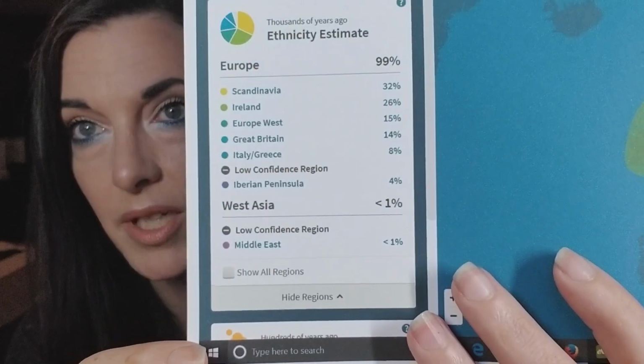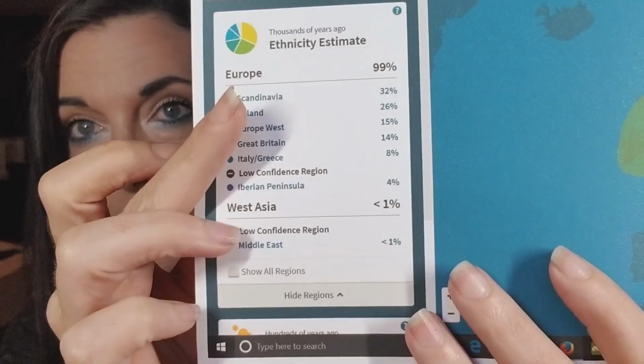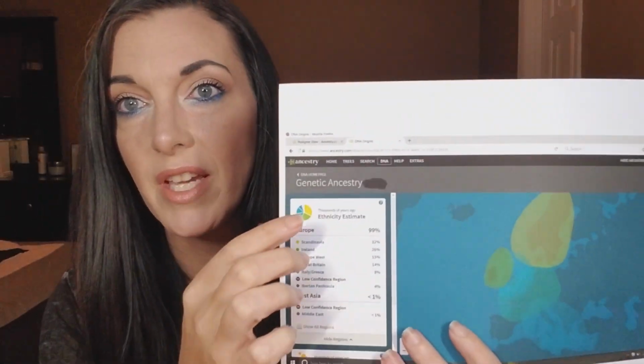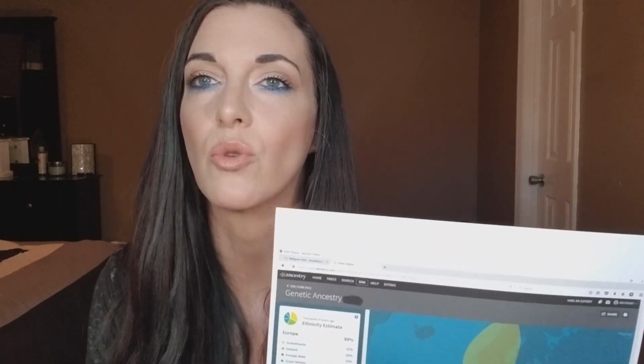Let's say, like me, I test at 32% Scandinavian. If you open that up, it's going to tell you about the Vikings, different places they lived and had communities, and information about them. It's also going to tell you about people that weren't Vikings but are Scandinavian, so there's a lot of historical information about those areas.